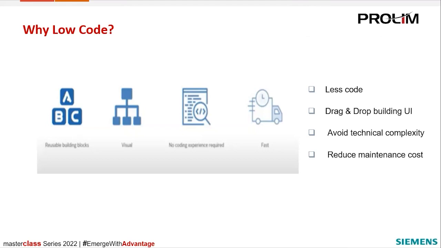So Mendix has its own cloud, and think about low code as the same type of evolution, the same type of cloud development. We just have to write applications with little or no coding, and of course we are going to get the same result that coding does.